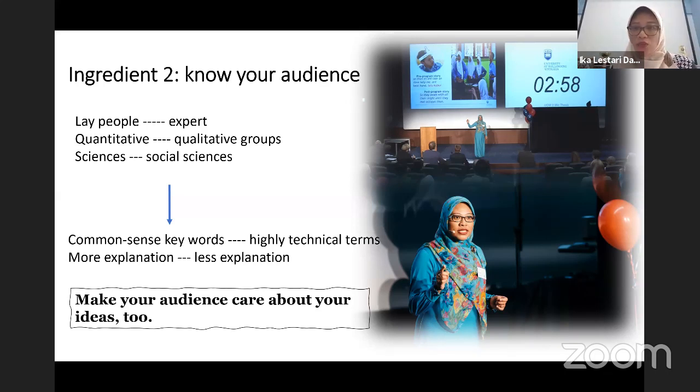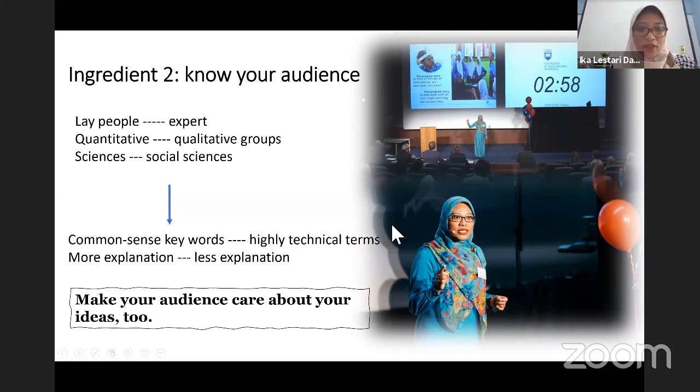Why do we need to go through this kind of maybe crazy thing, which makes you even busier, while you can just put everything in your slide and talk through, because you think you have sent the message across? But again, a compelling presentation is not only about conveying your message, but you need to make sure that your audience cares about your ideas too.